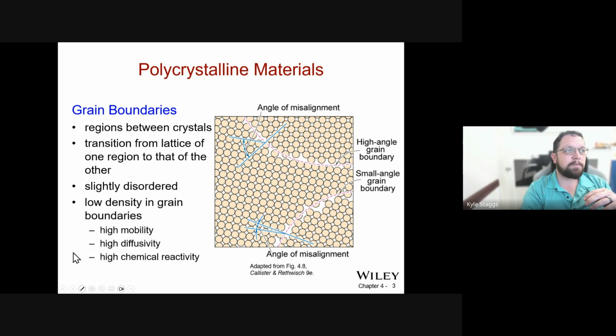There's a big difference between the amount of energy it takes to try and impact here and create a reaction versus trying to impact here, because there's enough space where another atom or another molecule can come in and hit this edge, hit this grain boundary, and knock loose some of these atoms in order to make its molecular attack. So this is thermodynamically favorable, and that's why grain boundaries are vulnerable to chemical reactivity.